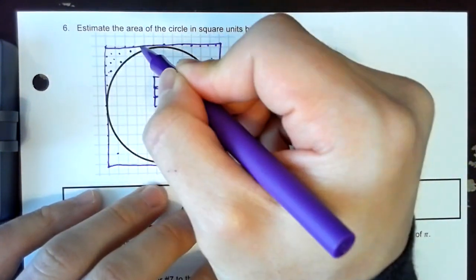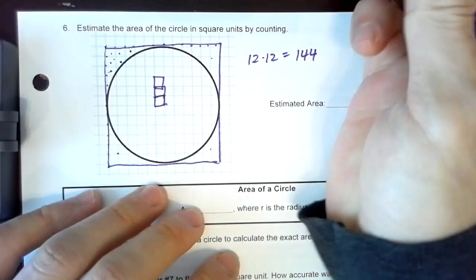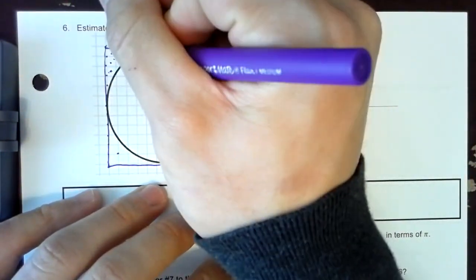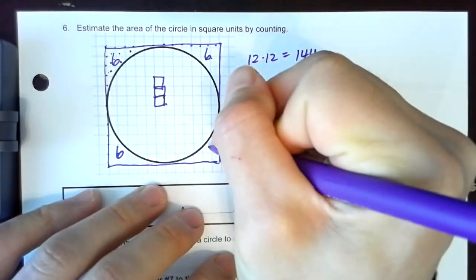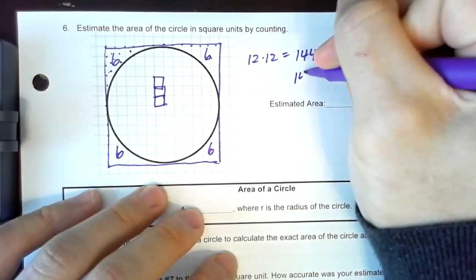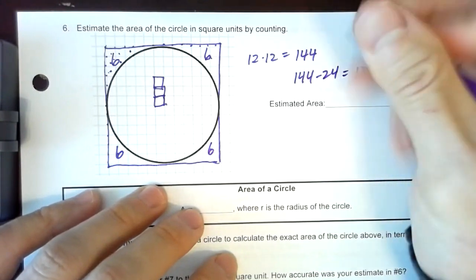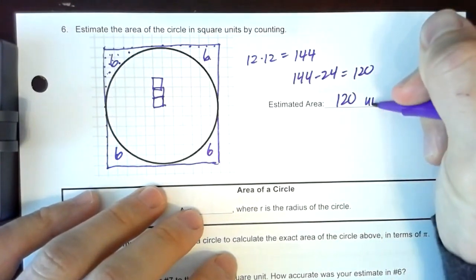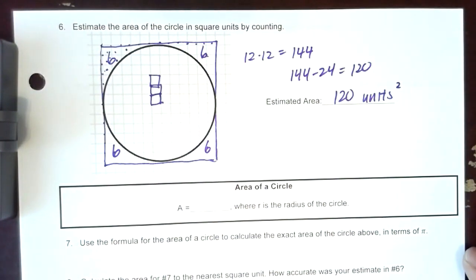So that's kind of like 6. And then there are these little bits and pieces. Let's just calculate that as 6. So if each of these is 6, then I have to subtract 24 from 144, which gives us about 120. Again, this is very, very approximate, but that's how we would estimate the area of a circle.